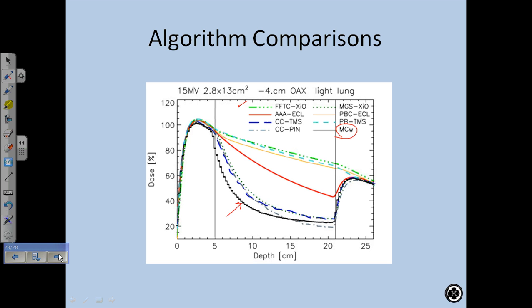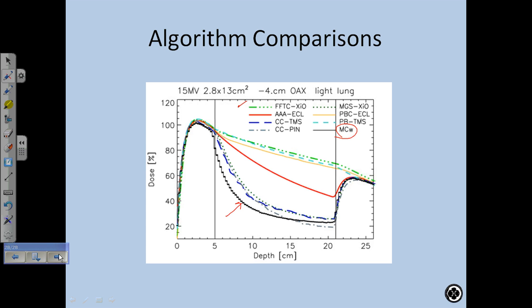It might stretch a little as it hardens, but once it hits lung, that kernel completely changes. It has to stretch way out because now your photons penetrate a lot further. The FFT algorithm only works with spatial invariance, with one common kernel. That's why it's completely wrong: it assumes the kernel doesn't change, but the kernel does change in lung.